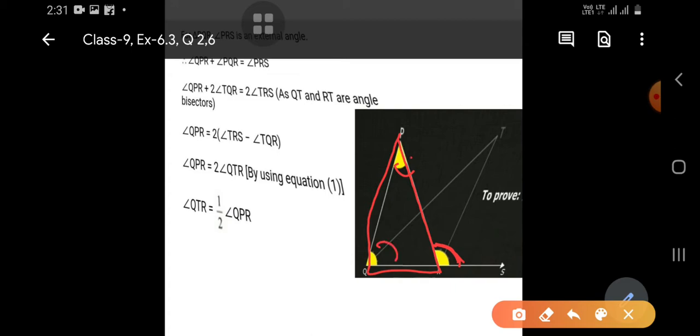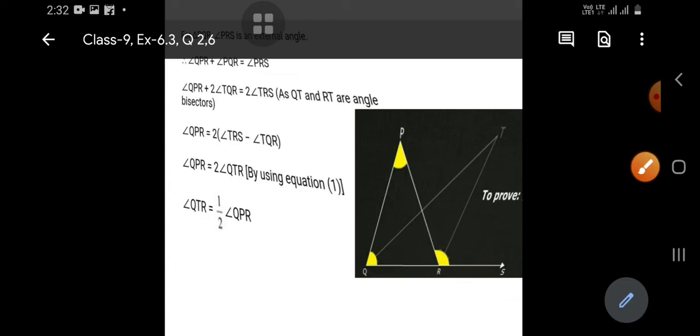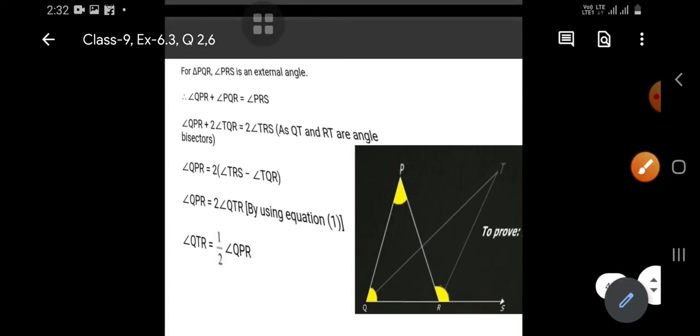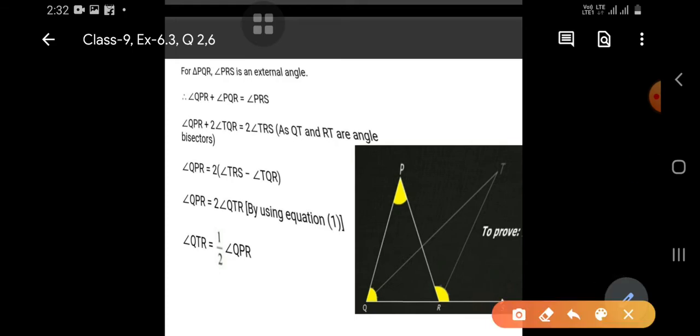That means the sum of these two angles will be equal to this angle. Let me write it. In triangle PQR, PRS is the exterior angle, this one. So QPR, this angle, plus PQR, this angle, is equal to PRS.